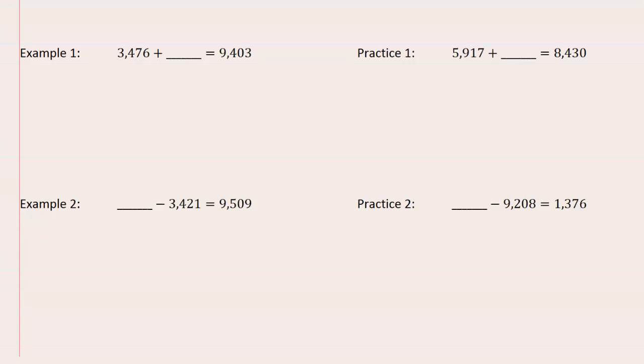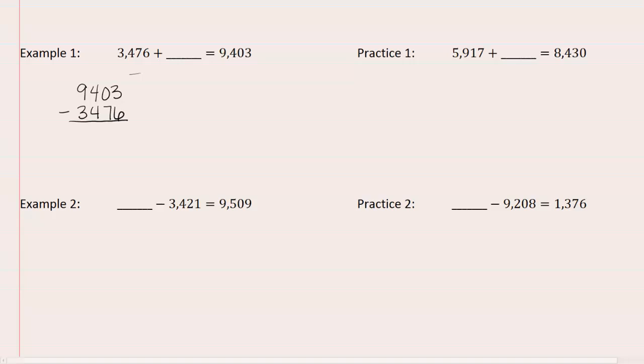Well, if I have stuff and I add more stuff to it and get a total, if I took that total and subtracted what I know that I started with, that should give me what I added to it. So let's try that. Let's see if I do 9,403 and subtract the 3,476, if that will give me what I added, my missing value.